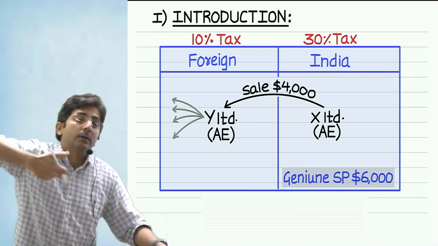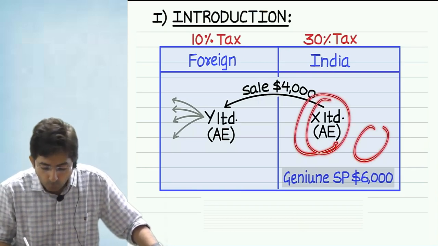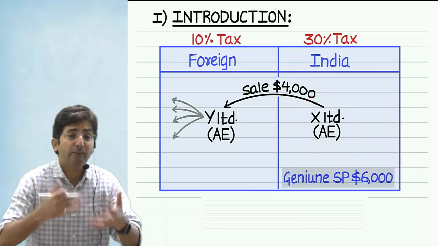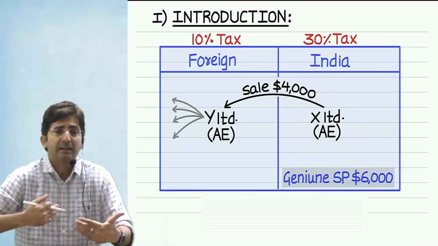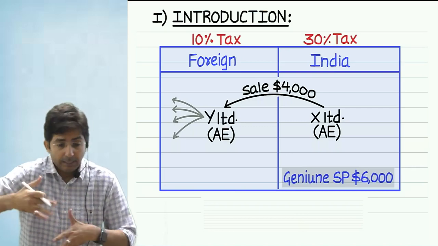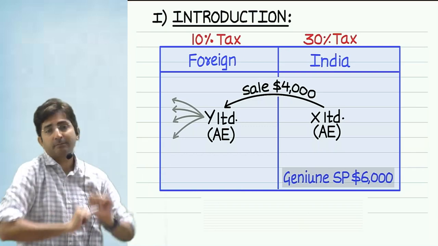Okay, think reverse, think vice versa. What if X and Y both are in India? Tell me, what if X and Y both are in India? If they internally manipulate, they might still be cheating, but then it is not the profit shifting kind of cheating.